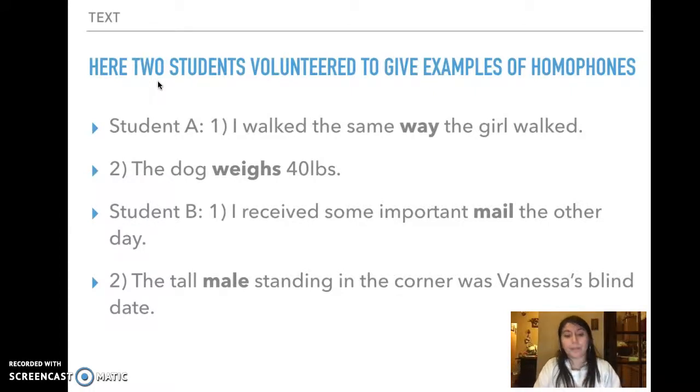And number 2, the tall male, we're talking about an actual human being, standing in the corner was Vanessa's blind date. So yay for student A and student B for giving me some good examples of homophones and how we use them. Again, the pronunciation is exactly the same. Weigh, weighs, mail, male. They are two different words though, and remember, two different definitions.